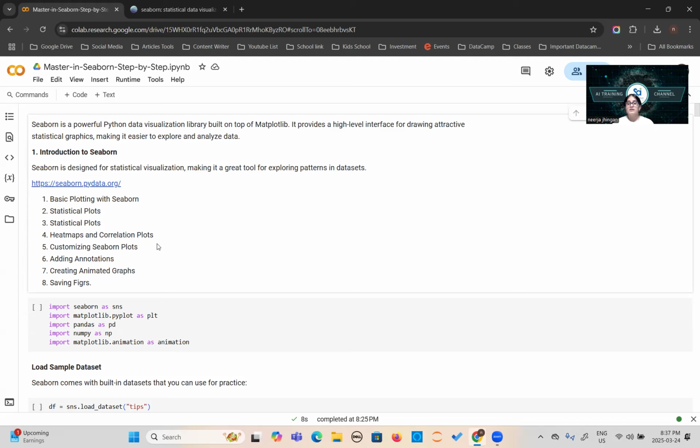Number one, first of all, you need to check the data type. Number two, you need to understand what graph will be most suitable for this data type. Number three, you should have a proper title for the x-axis, y-axis, and for the graph too. And number four, when you are comparing more than one category, a legend should always be there. These are the important things.